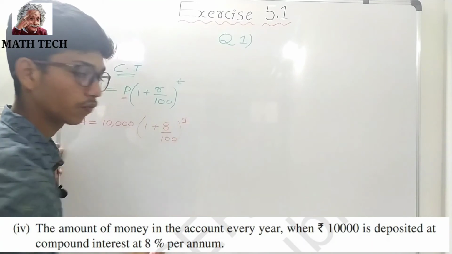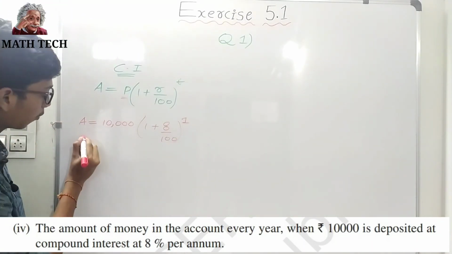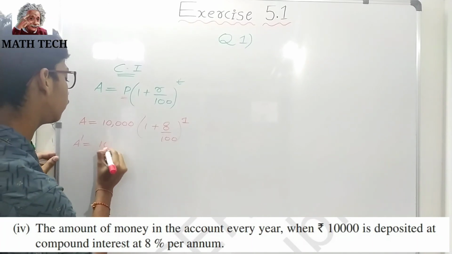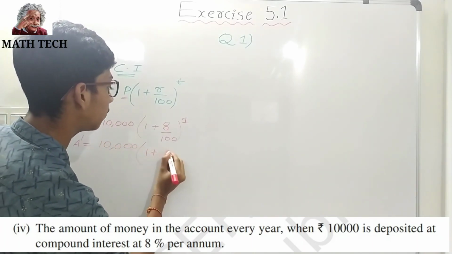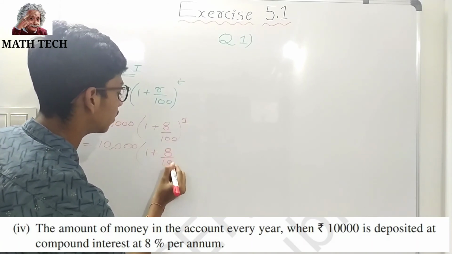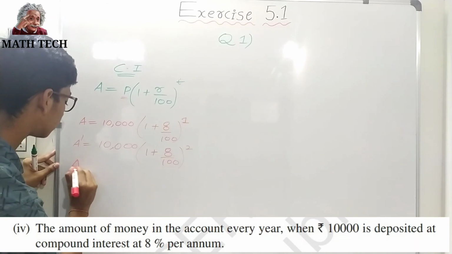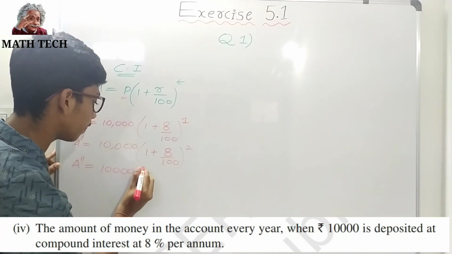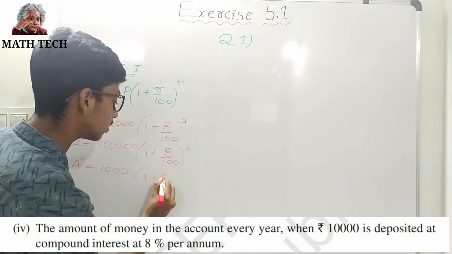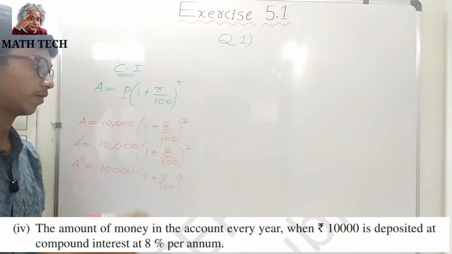For the second year, let's take the amount A dash, we will get 10,000 into 1 plus 8 by 100 whole power 2. And for the third year, A double dash, that is 10,000 into 1 plus 8 by 100 whole power 3.